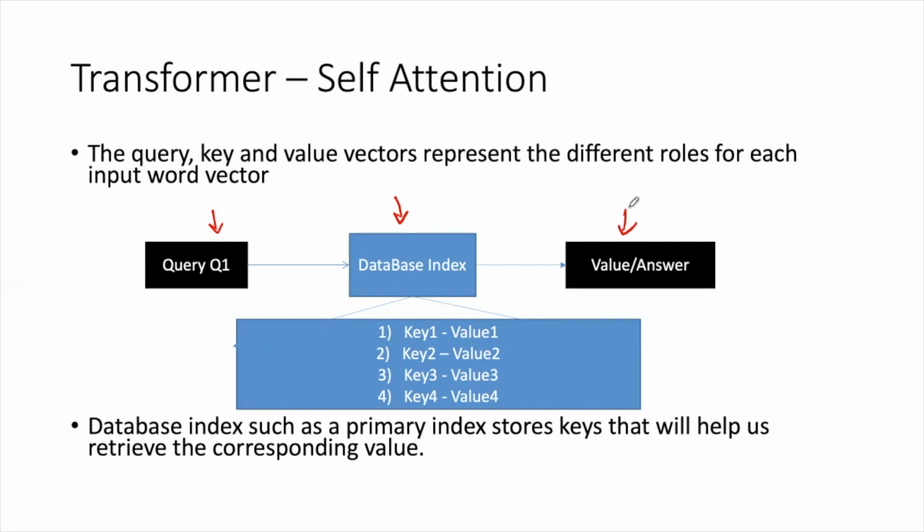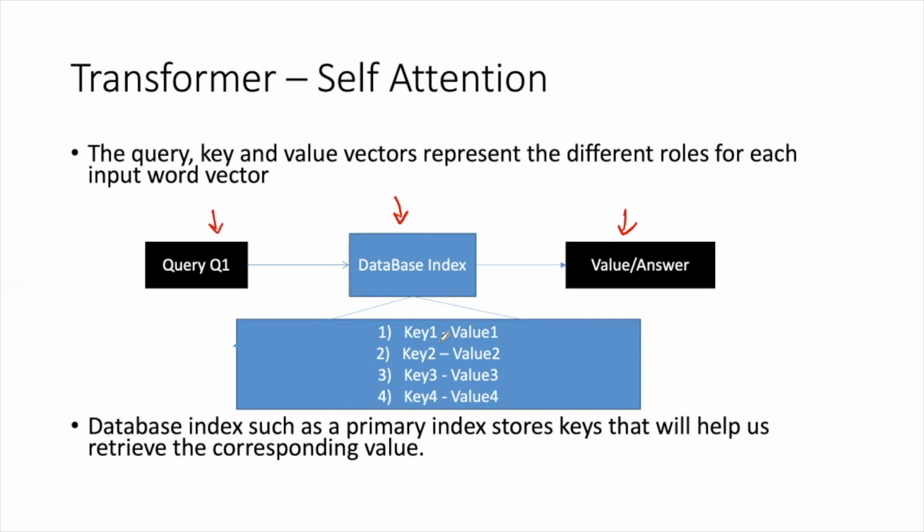If you look closer, a database index such as a primary index typically contains keys and values. Given that the user has posed this query, we try to see which key is relevant to this query. Once we find the relevant key, we retrieve the value corresponding to that key. That is how a database system typically works.